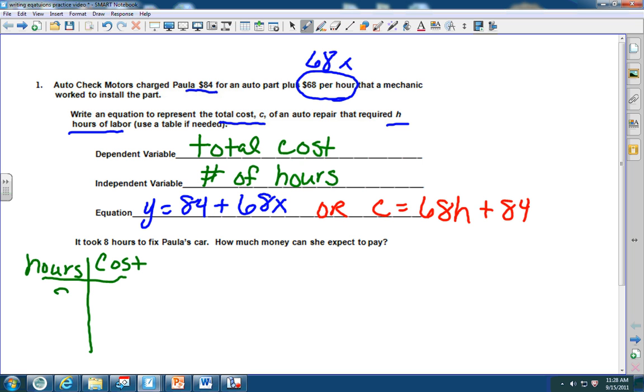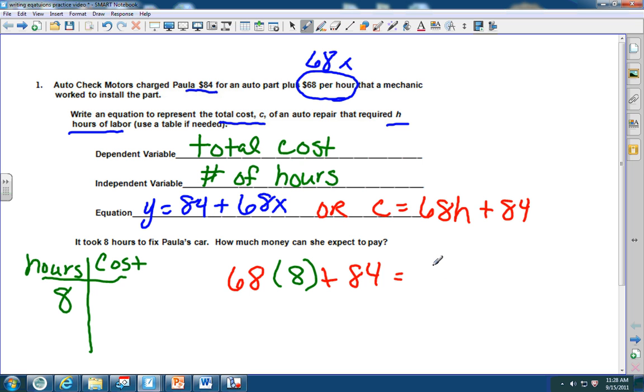So if I put the 8 here, I'm going to use my equation: I have 68 times 8 plus 84. When you solve that in my calculator, 68 times 8, or you can do it by hand, plus 84, I get 628.